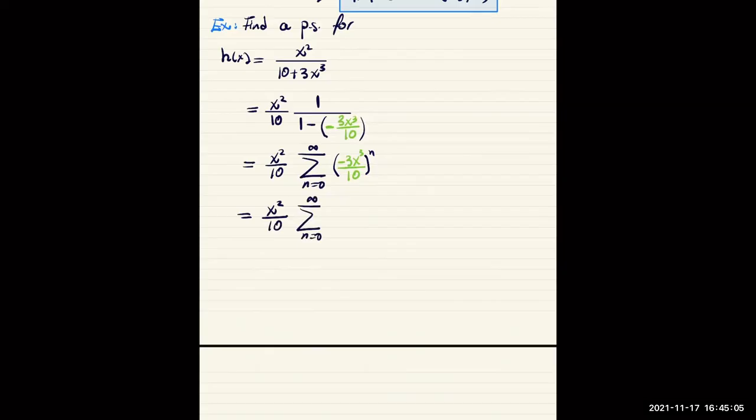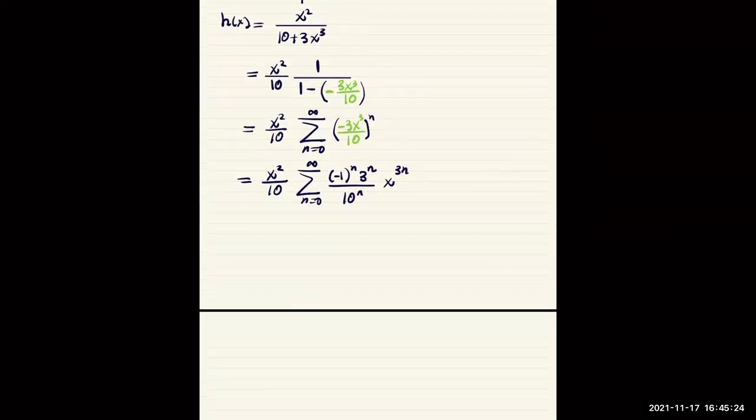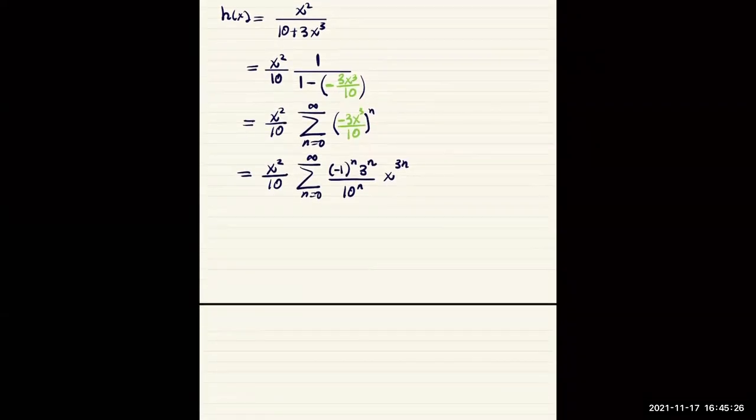So here we get -1 to the n, 3 to the n, in the denominator 10 to the n, times x to the 3n. You have x cubed raised to the n, multiply the powers. All right, and that's pretty much it in terms of substitution.